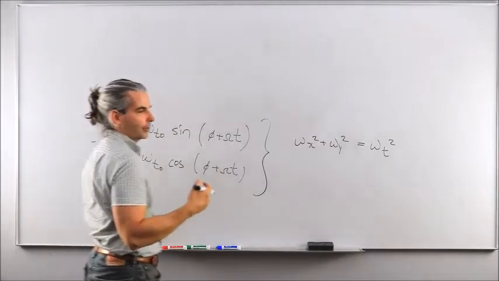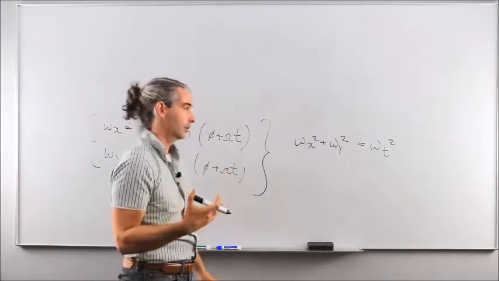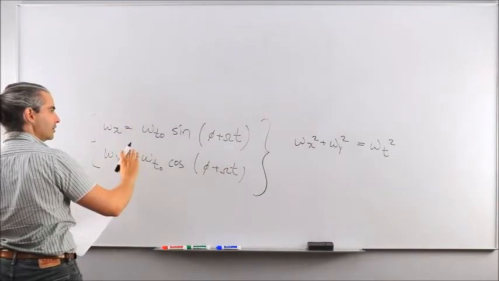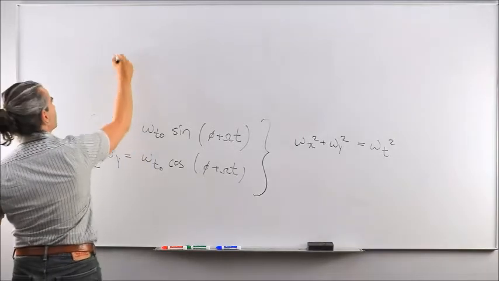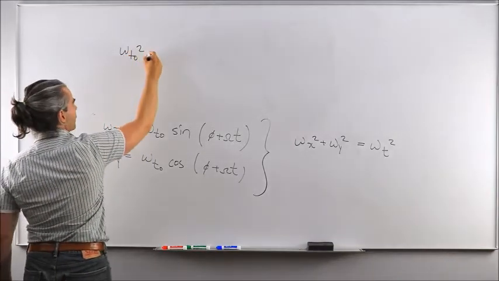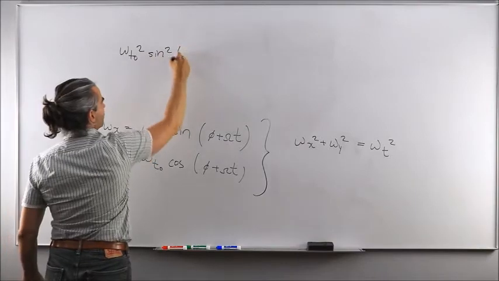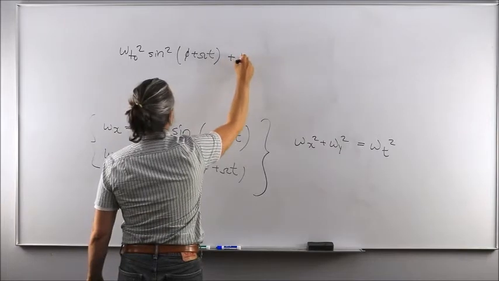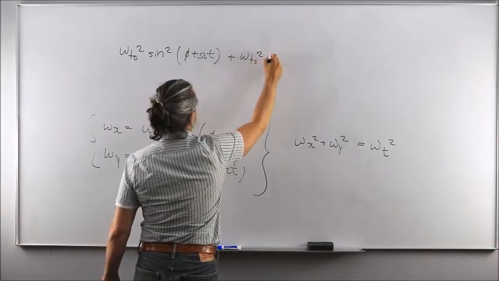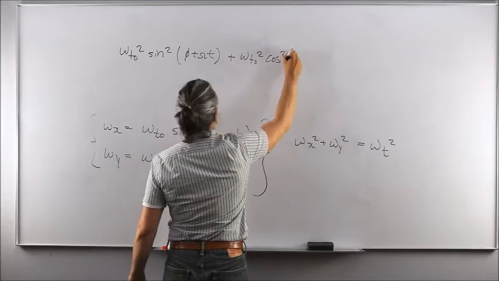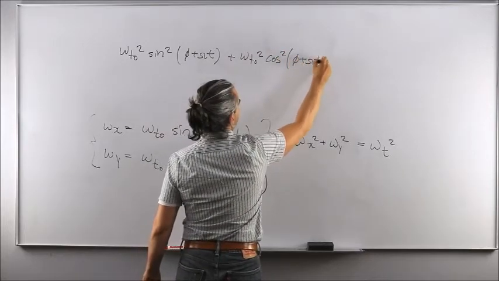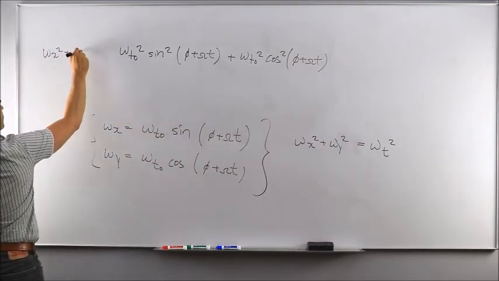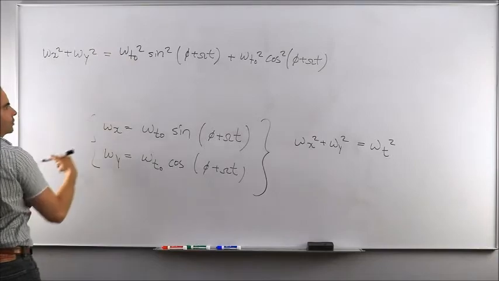well, that works out in terms of the analytical expression for x and y as function of time, but the next few steps are there to discover a very, very important result of this derivation, and that is that, again, squaring those two equations and adding them together would give me omega t naught squared sine square of two angles added together plus omega t naught squared cos square of the same two angles added together, and that was for omega x squared plus omega y squared obtained from these two relationships.